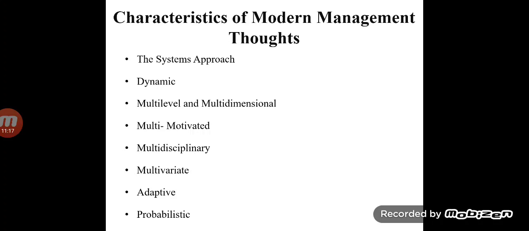It survives in a dynamic and complex macro world. Many variables work simultaneously, so multivariate is the way of handling multiple issues at a single time. It is the capability of modern management to handle different situations, different problems in a single duration, in a single time phase. That's why it is multivariate.